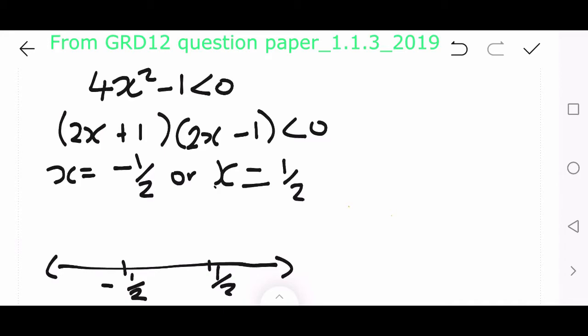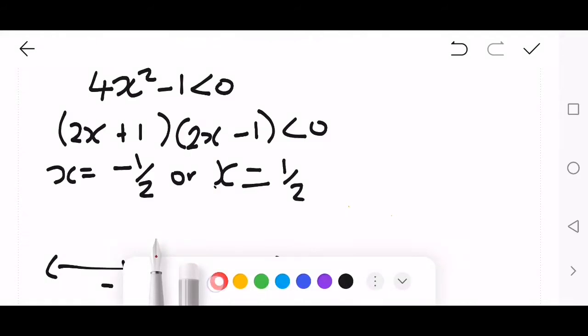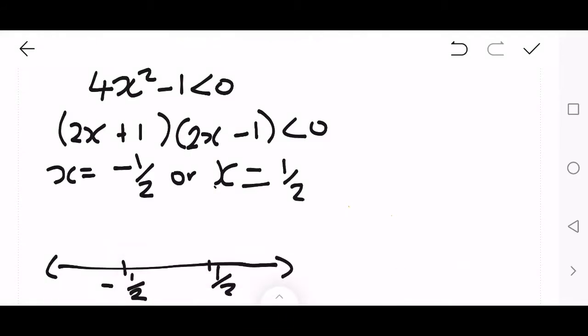So now again we need to get numbers from the number line that we can substitute into the equation. So numbers less than minus 1 over 2, so that would be minus 1. So we have 2 into minus 1 plus 1, and we have 2 into minus 1 minus 1.